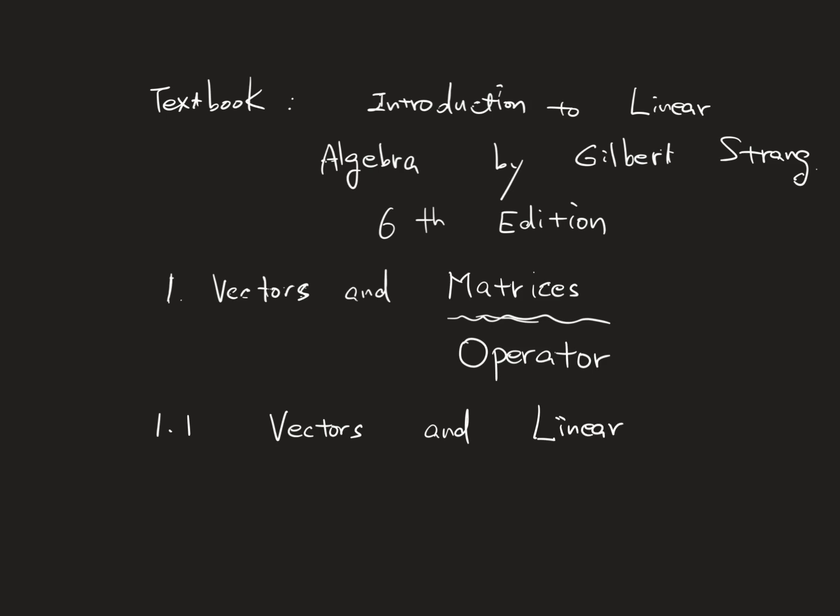I'll write down the section number and chapter number in all the lectures, and then you can find easily what I am covering. Linear combinations. In this book, sometimes we say just combination.